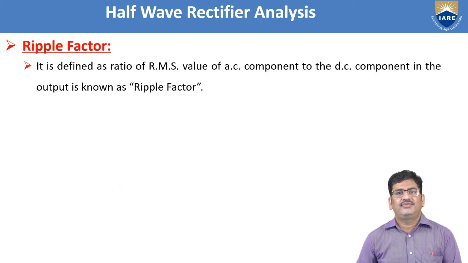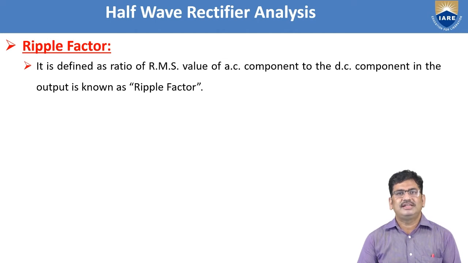The next important factor for rectifiers is ripple factor. It is defined as the ratio of the RMS value of the AC component to the DC component in the output. According to the definition of a rectifier, it is going to convert the AC input into pulsating DC.